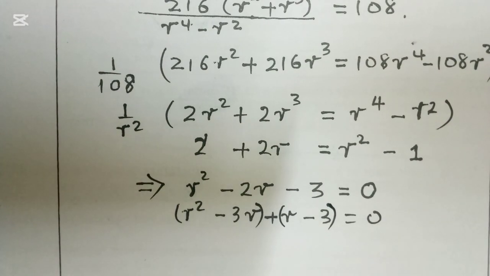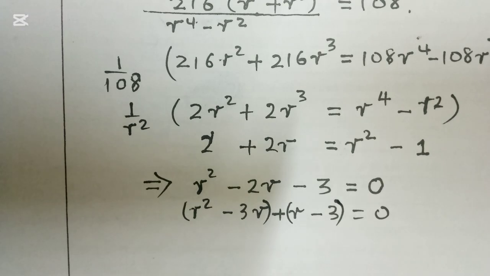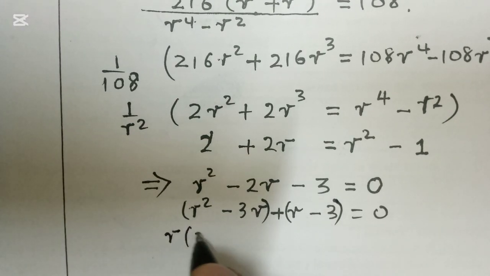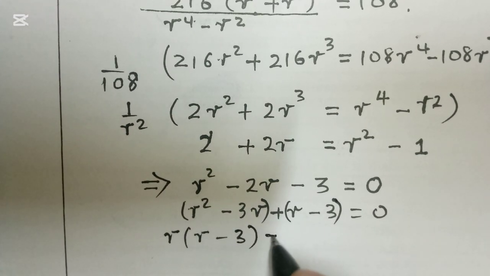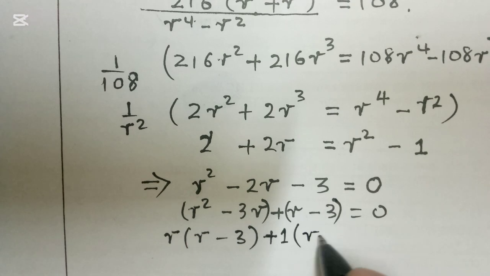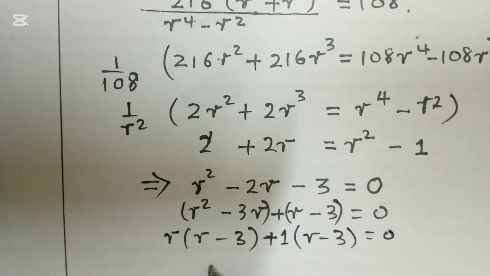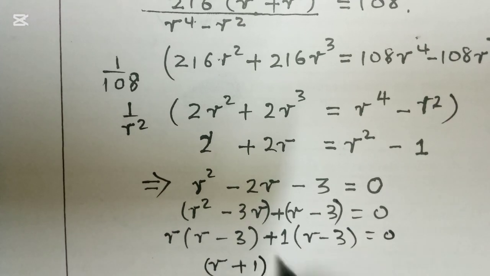So in this one, you can factor out the r. Then here we are left with r minus 3. And here we are left with, I can put a 1 there, r minus 3 equals 0. So we shall have r plus 1 as one of the factors.